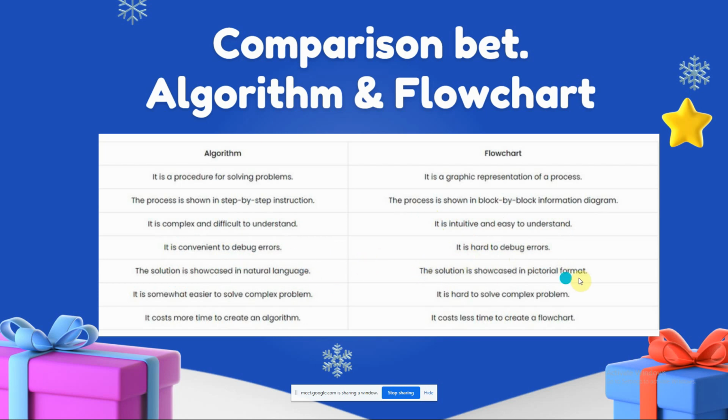Whereas flowchart naman is pictorial in terms of pictures we are showing the solution. And it is somewhat easier to solve complex problems under sa algorithm. By flowchart naman, mas budlay kung complex problem ay represent ninyo sa flowchart.